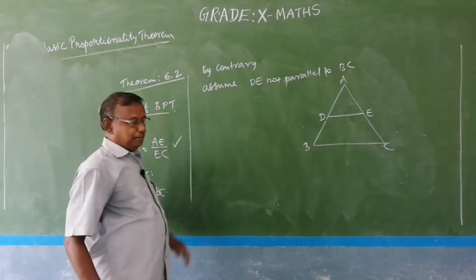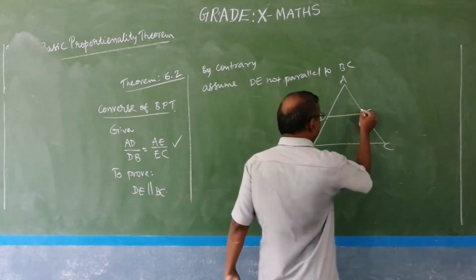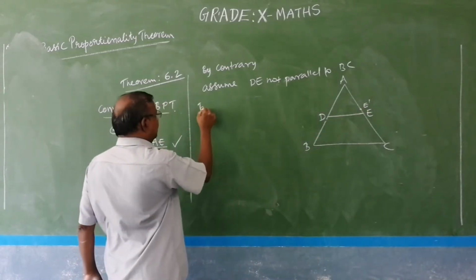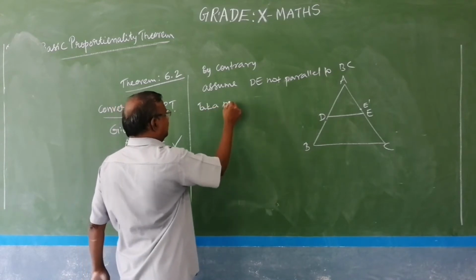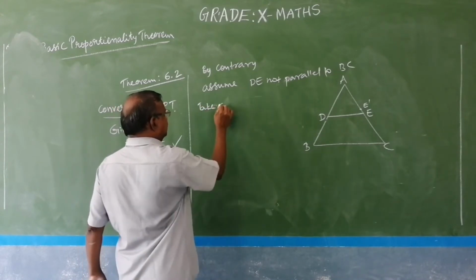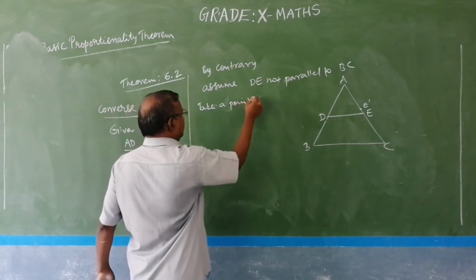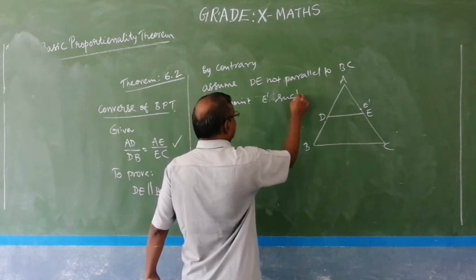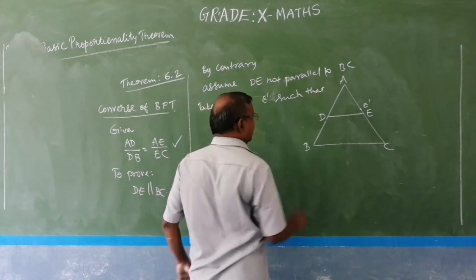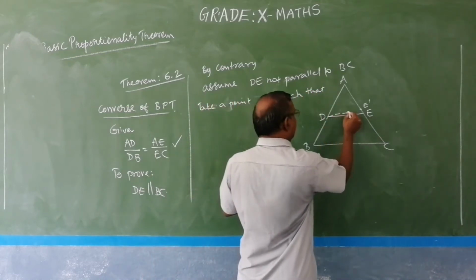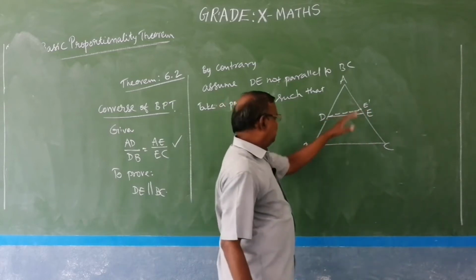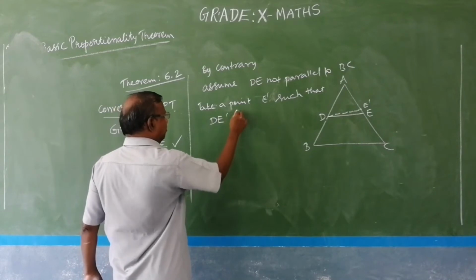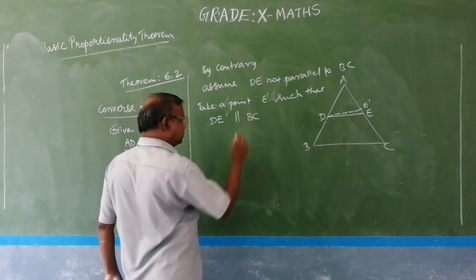It is not parallel. So let us take a point E dash such that DE dash is parallel to BC.